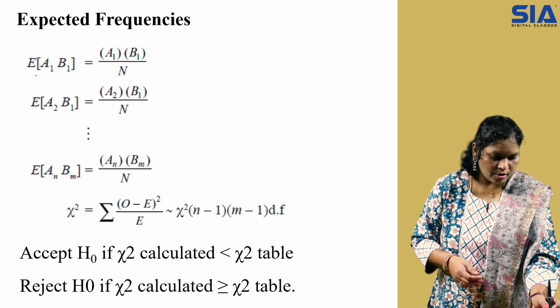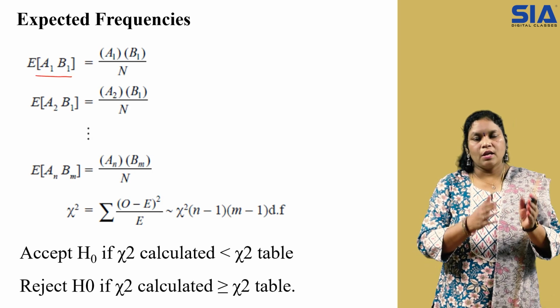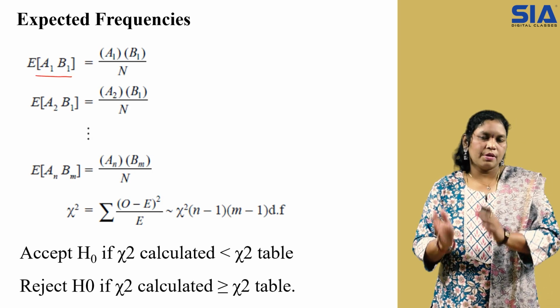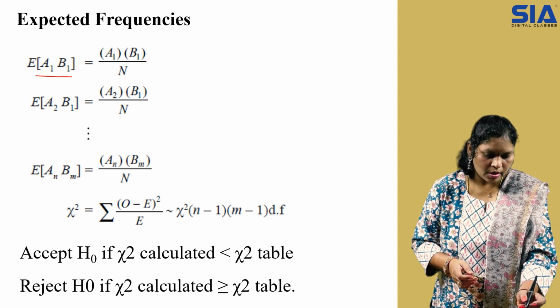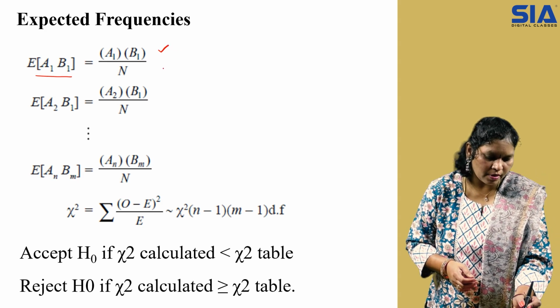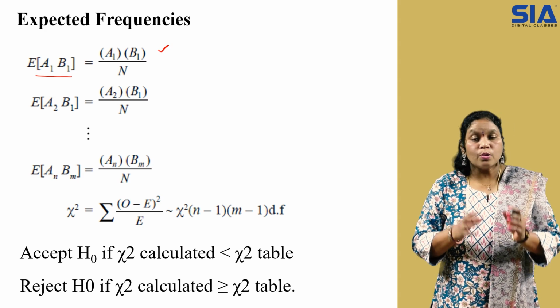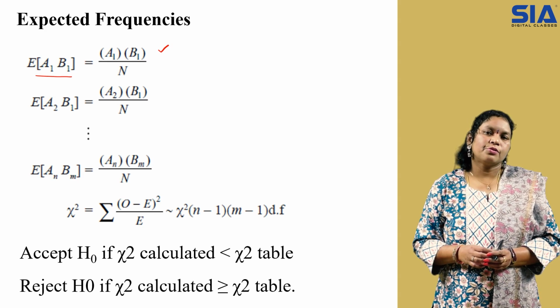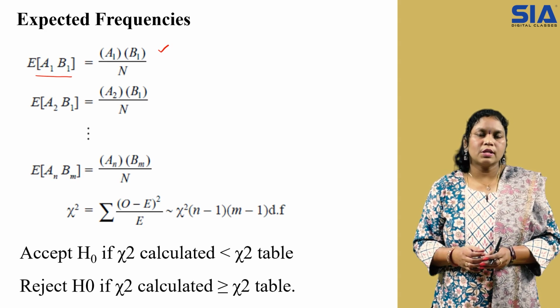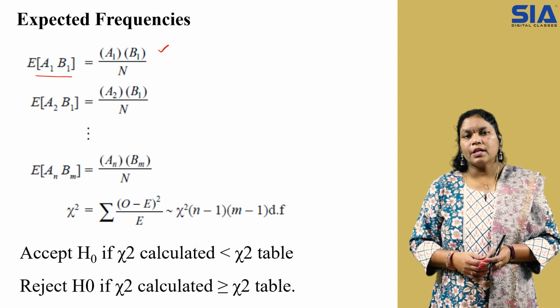Expected value of A1, B1: the formula goes like this, A1 into B1 divided by capital N. That is, the first row total and first column total, divided by the overall total N.